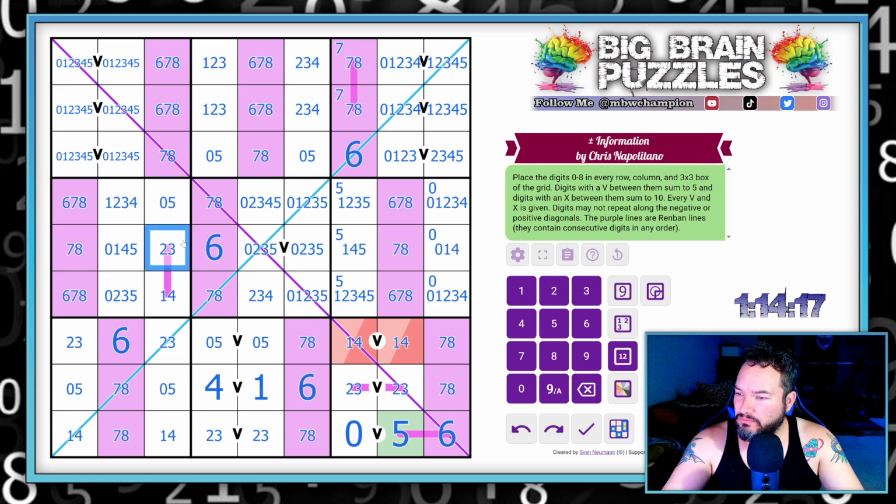You know what I do know? This 2, 3. Of course, this can't be a 2, 3 in here. Because then, what would that be? It can't be a 2, 3. So this is a 0, 5 pair right here, meaning this can never be a 0. This can never be a 5. So here's our 1, 4. And then, what is this?